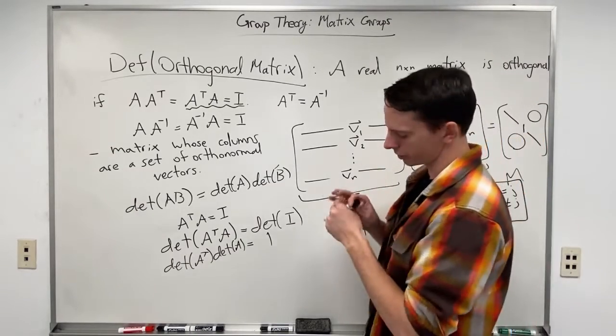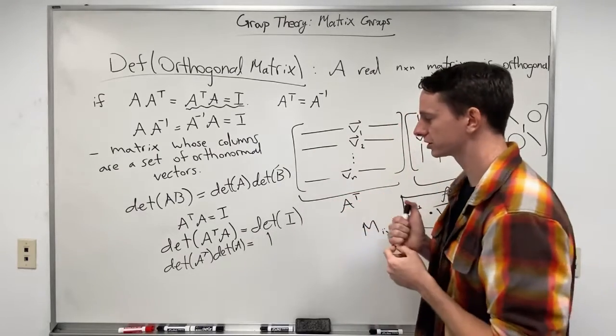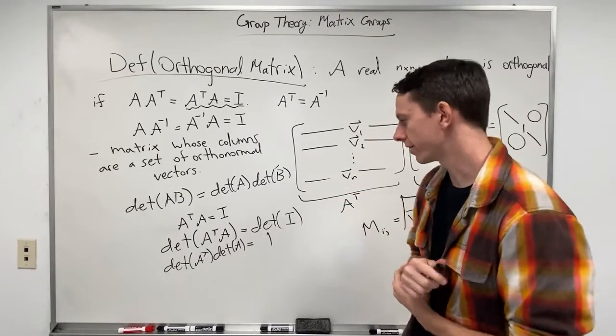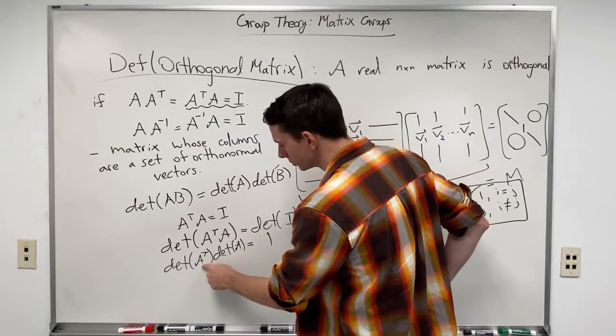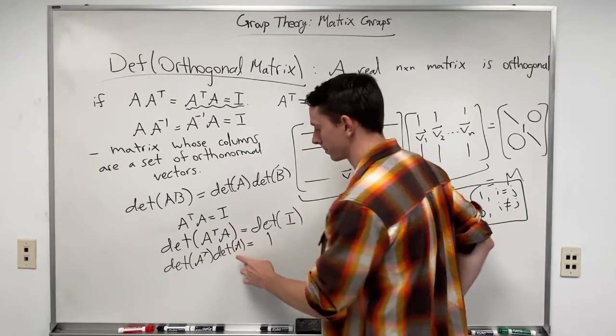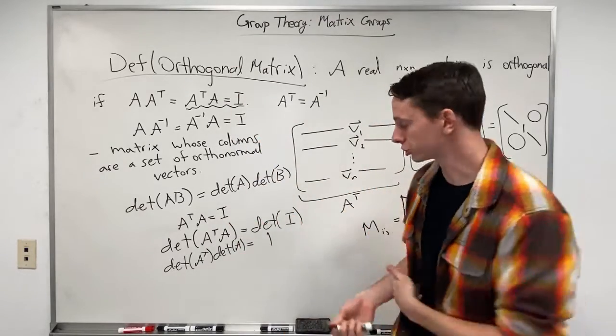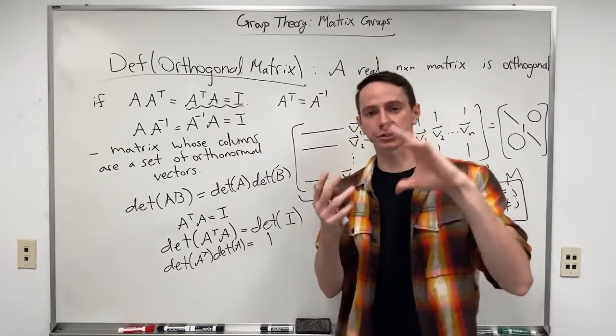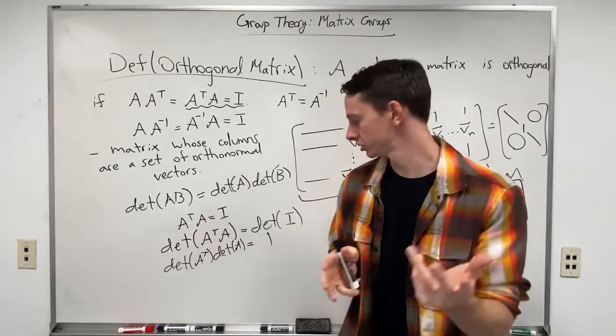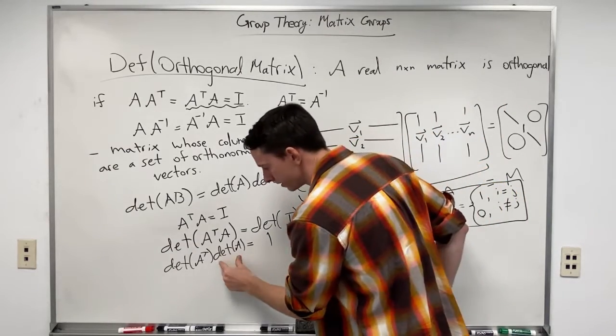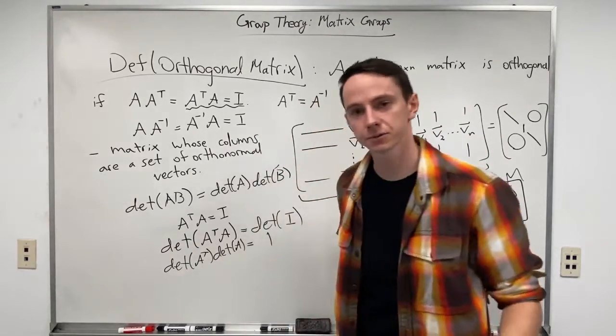So hopefully that makes sense. But we also know, hopefully, from properties of determinants, that the determinant of A transpose has to equal the determinant of A. And this is not just true for orthogonal matrices. This is true for any matrix. If you had a matrix and you were to take its transpose, then the determinant will always equal the determinant of the original.